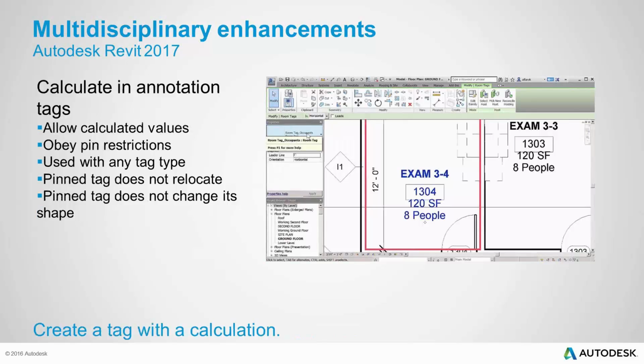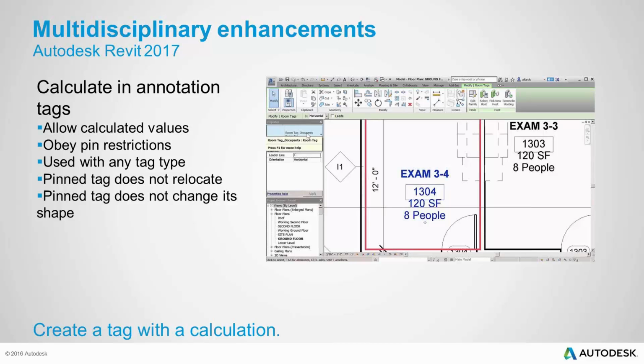So the next area of improvement is calculated values and tags. Now what you can do is, in a tag, specify how to calculate a new value between different parameters that are available in a tag. This has been requested for a long time, and now you can actually customize your tags efficiently.